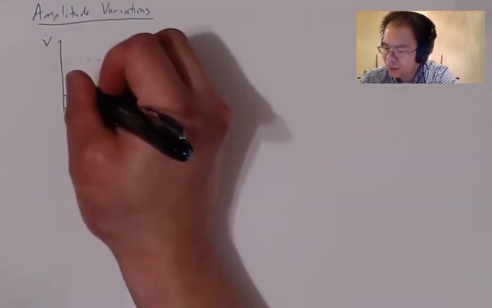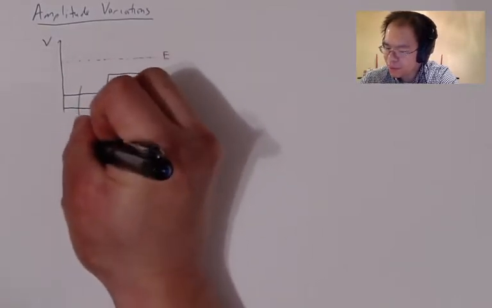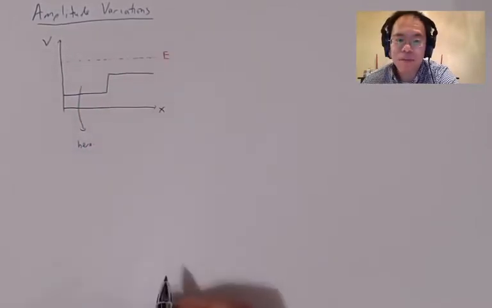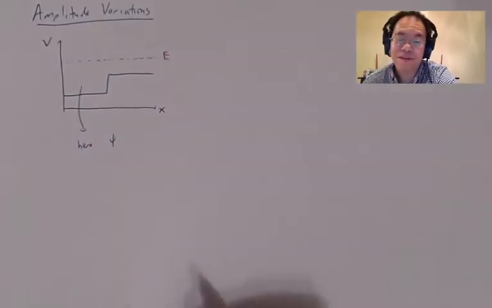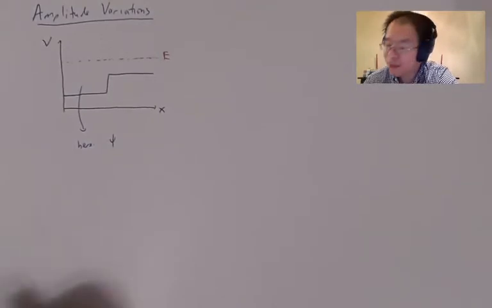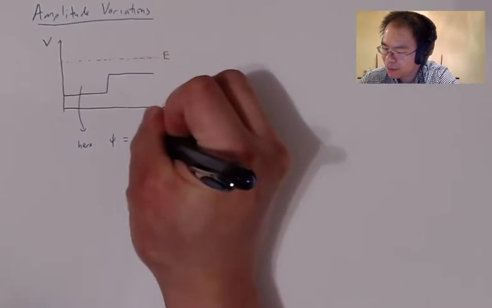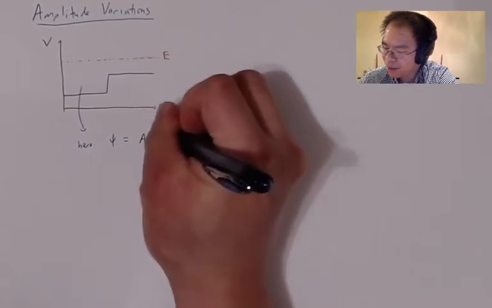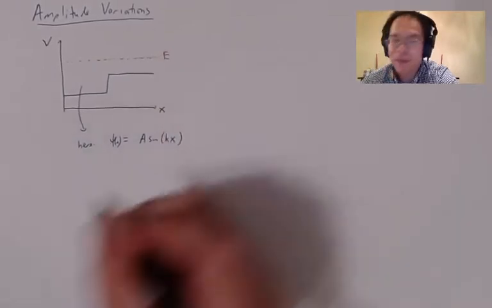So here's the thing. You know that in such a region, we can always write the wave function as, we know that it's oscillatory, and we might as well assume that it's sinusoidal. So we can assume that this is A sin kx, and this is the spatial part of the wave function.